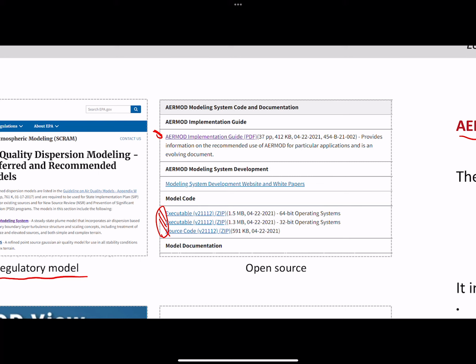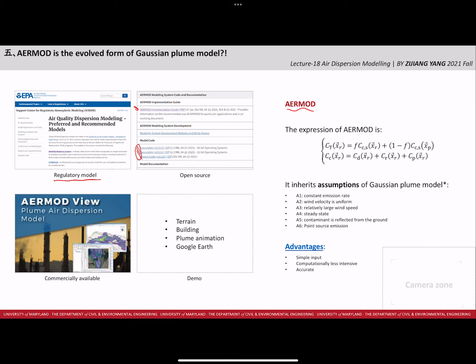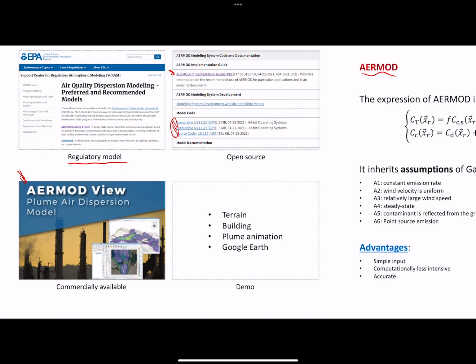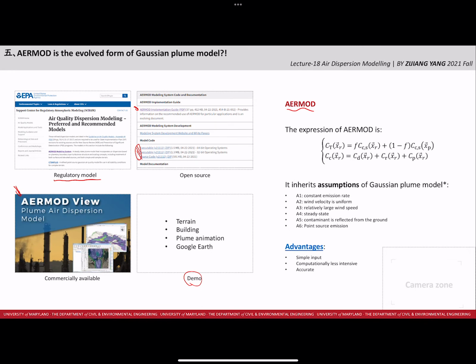I think that is in Fortran, which I do not understand. But it has some commercially available versions, for example, like AERMOD View. At first, I would like to show a demo, but because of time, maybe I can show that next time.